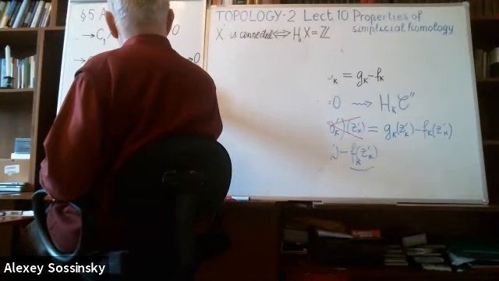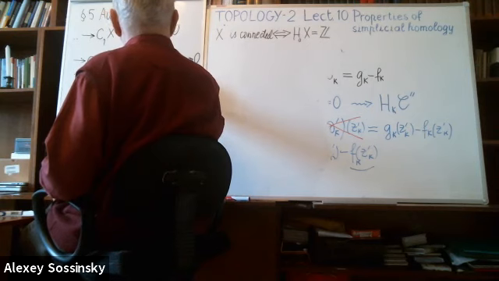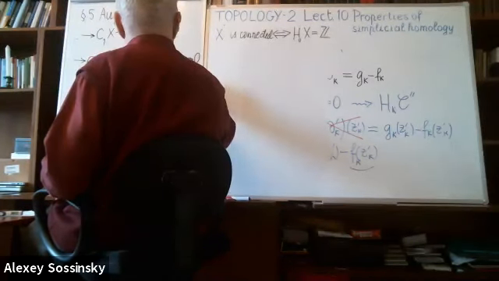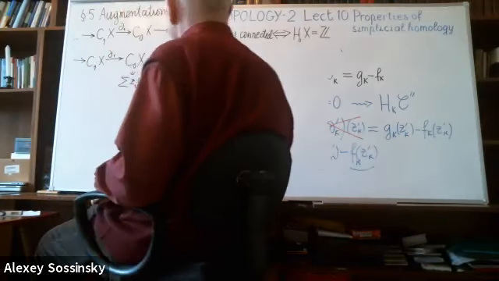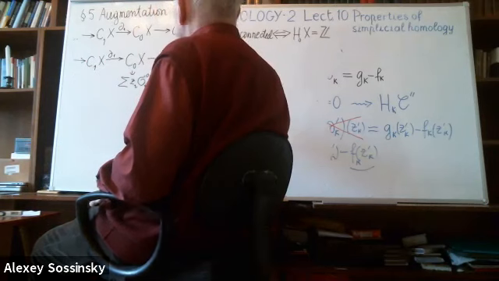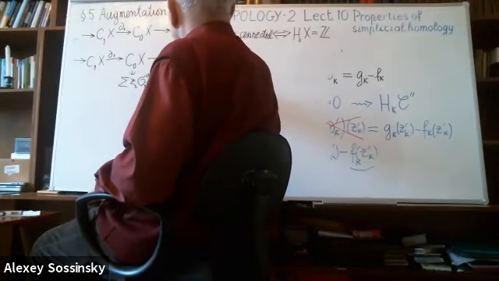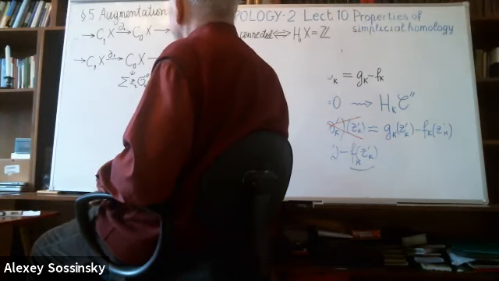And so we map this to the sum of the vi. So this is the definition of the augmented chain complex.